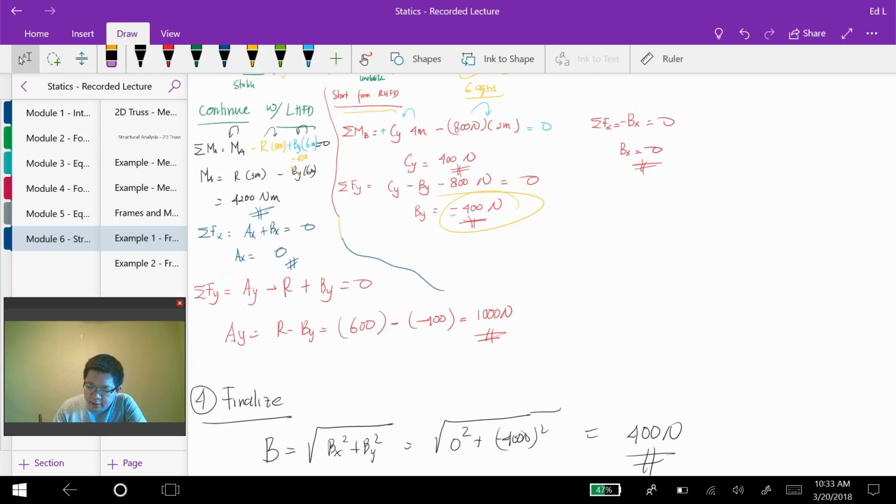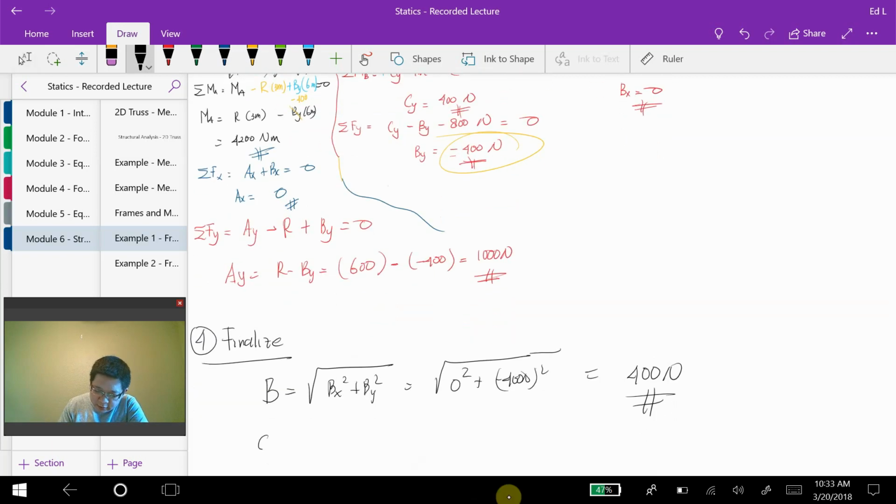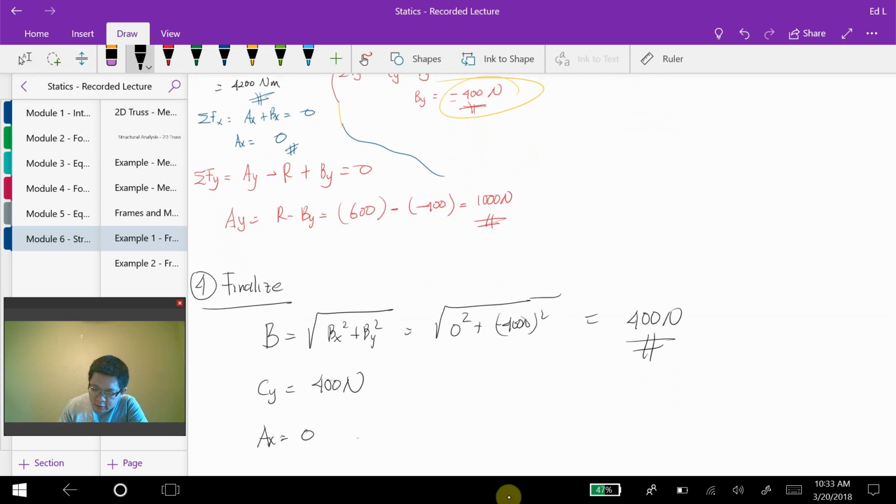And we have obtained that Cy is 400 Newtons, and then Ax is 0, Ay is 1000 Newtons, and MA is 4200 Newton meters.